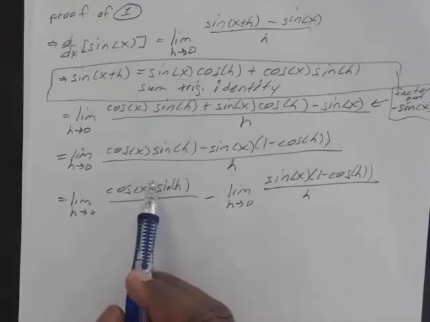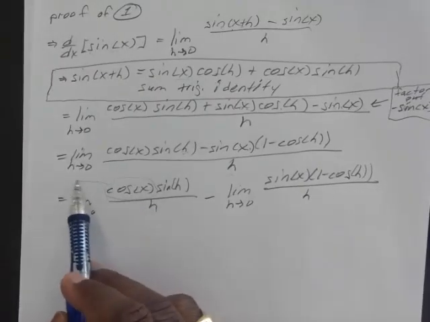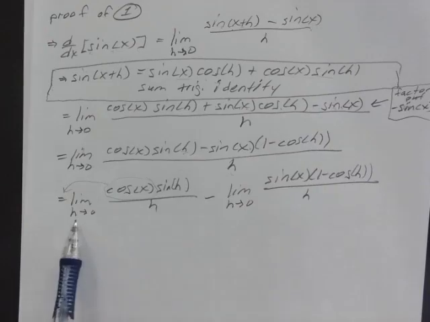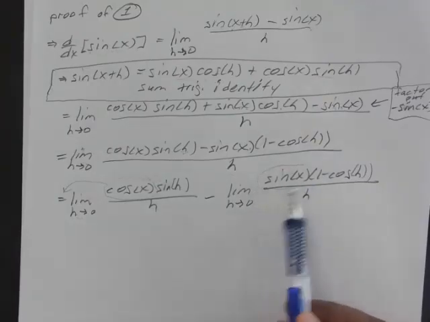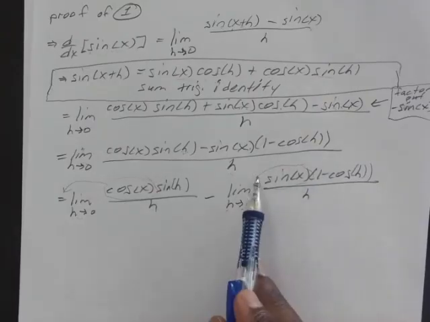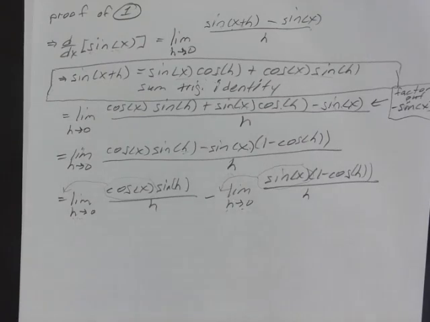Okay, so this cosine of x right here, we can go ahead and just factor that right out to the front because we're just going to be plugging in the value of h approaches 0. Same with this sine of x. We're only changing the h value, so we can just factor that out to the front.